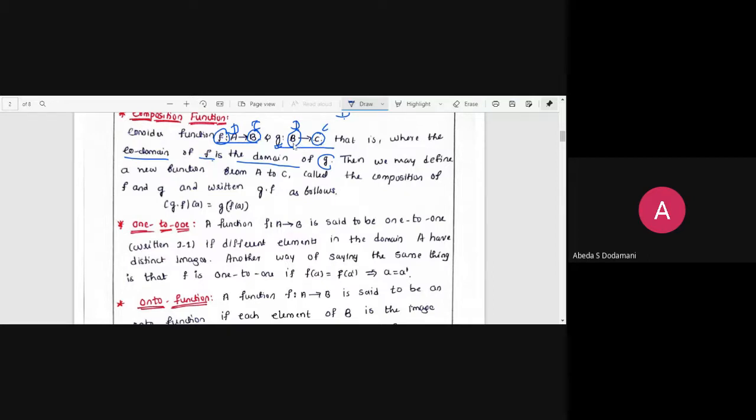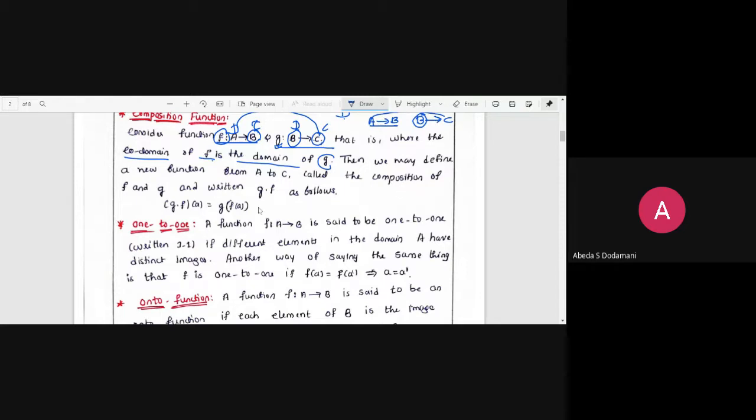If that is the case, then we can define a new function from A to C. Here there is a function from A to B and a function from B to C. In this function, the domain is A, codomain is B. In this function, the domain is B and the codomain is C. If that is there, we can have a function from A to C. That will be our composition function.